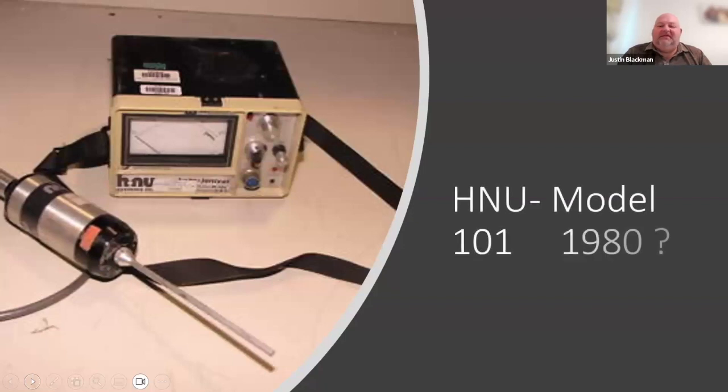So a little bit of history. Early on, the first instrument that people were using at these Superfund sites was the HNU Model 101, often just called the HNU 101 for people who were ever using instruments back then. It did the job. It was a PID instrument.